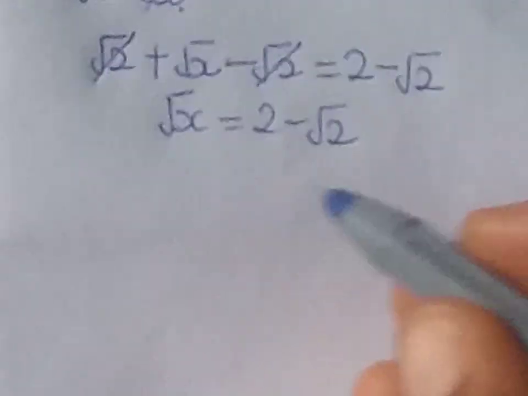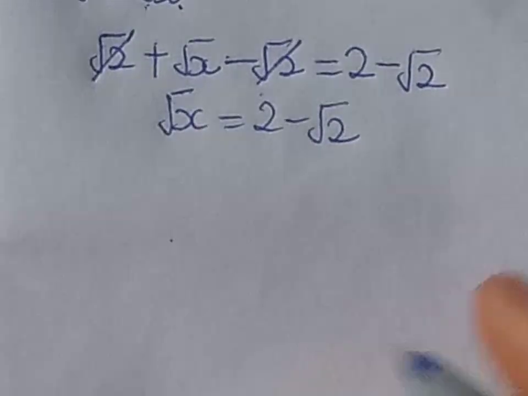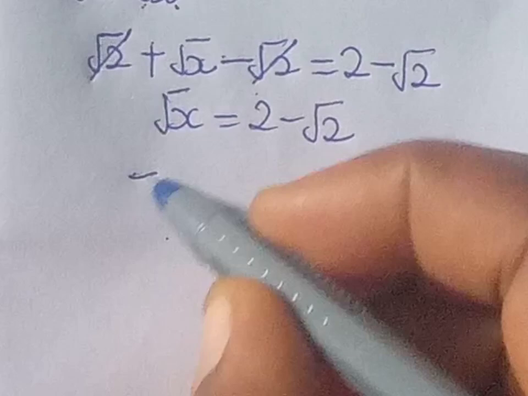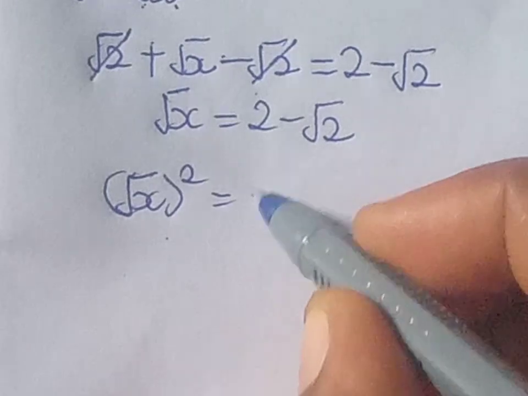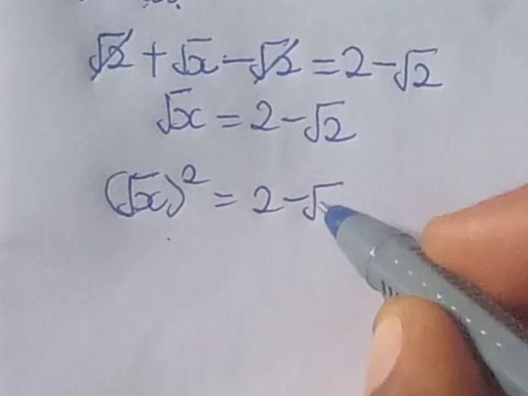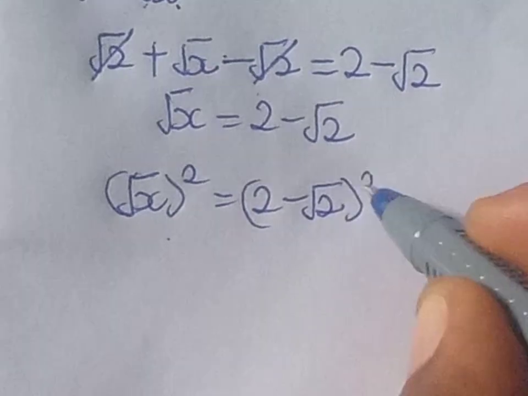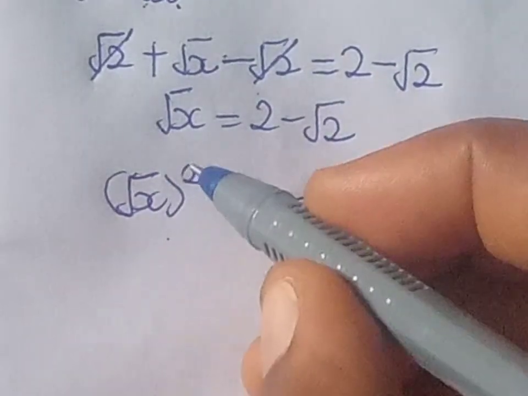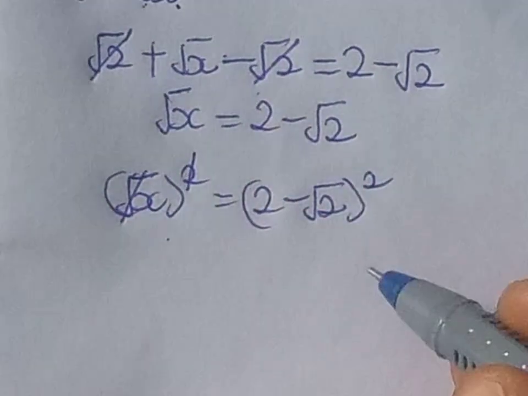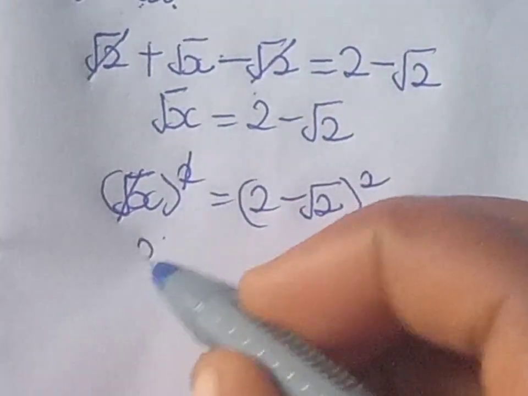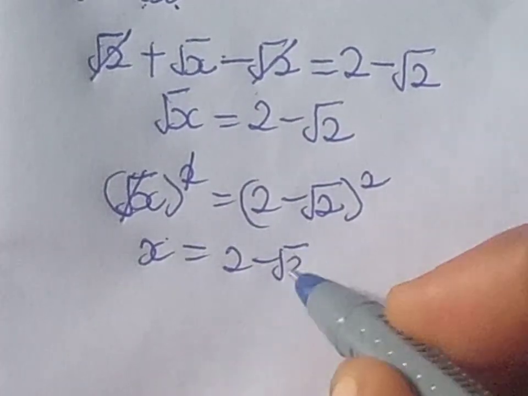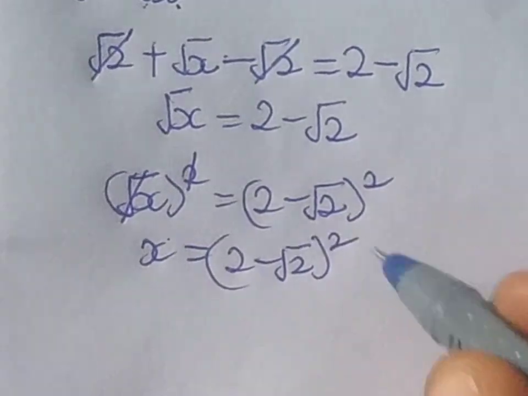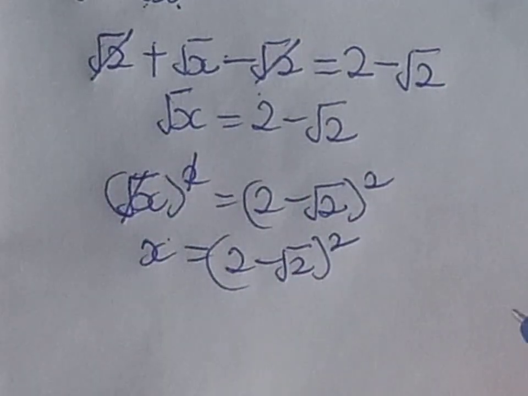Now let's square both sides. That is, square root of x squared equals 2 minus square root of 2, squared. Square cancels square root, so we are left with x equals 2 minus root 2, squared. Let's expand carefully.